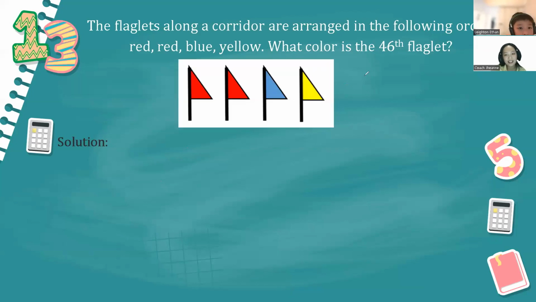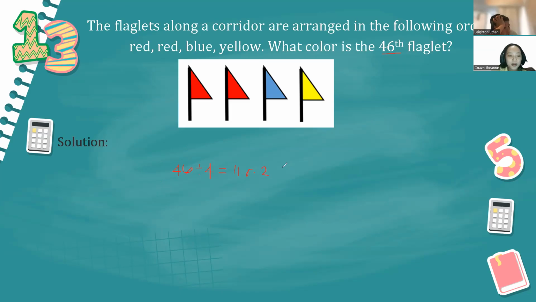Since the flaglets are arranged in this pattern and the number of flaglets in the pattern is 4, we divide 46 by how many flaglets are there? 4, right? 46 divided by 4 is equal to 11 with a remainder of 2.